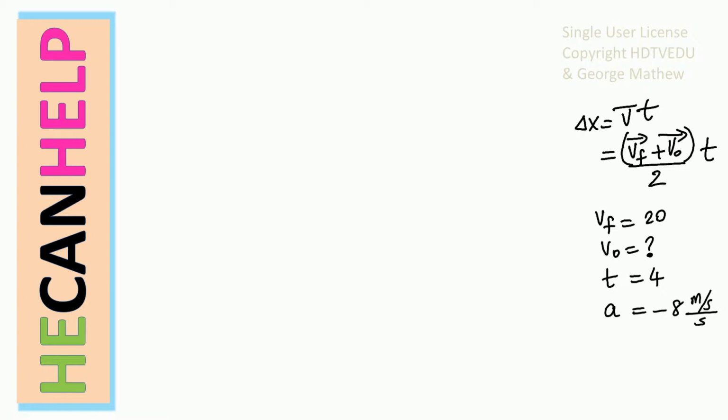So let's find the initial velocity by acceleration. Acceleration is change of velocity divided by time. Acceleration is v final minus v initial divided by delta t. Let's assume that we started at t equal to 0, so it is t minus 0.